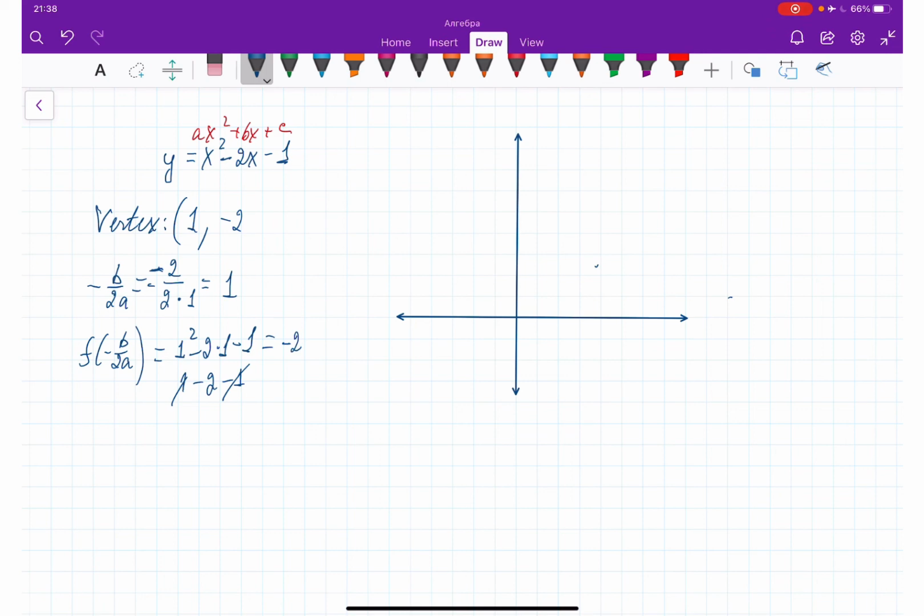Okay, let's do it. So x1, x2, those are the intercepts. b is negative 2, so negative b is going to be positive 2.